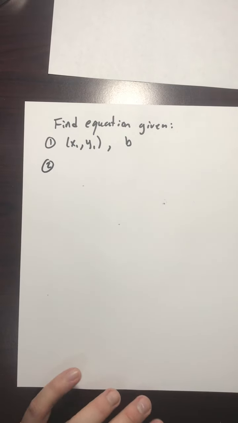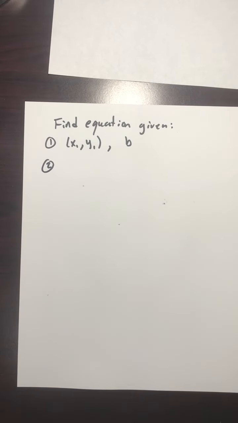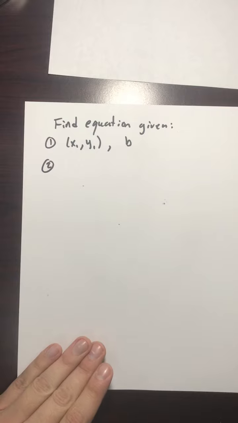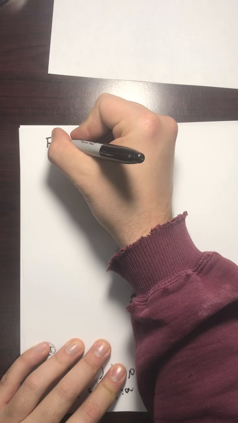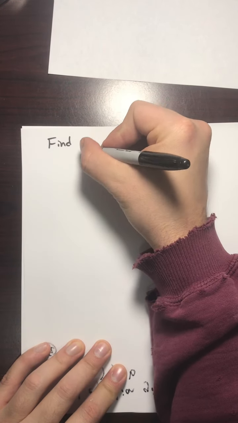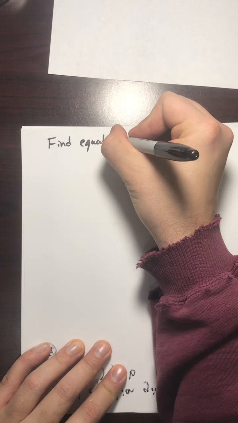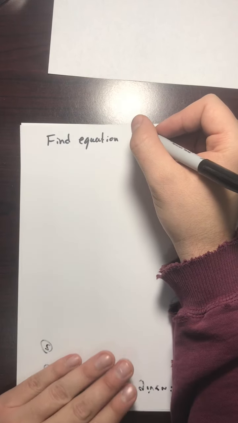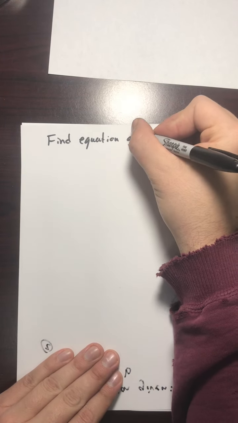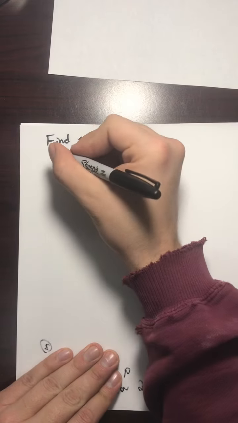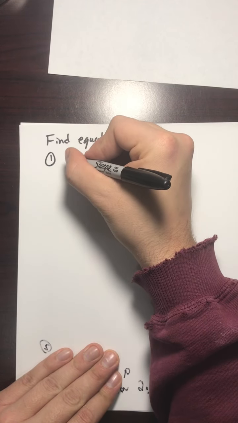The first one we'll talk about is, actually let's not put it that way. Let's put it like this. What I was just writing would have meant that x1 is 0 and y1 is b, but let's put it like this.